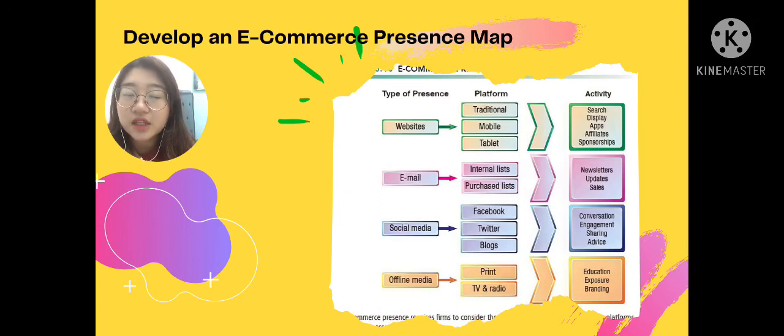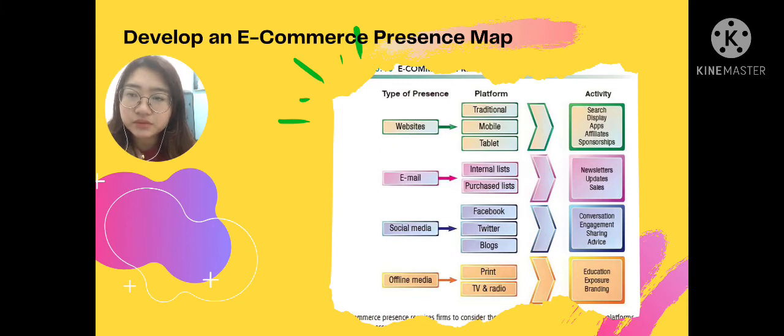Each of these is a touch point where you can meet the customer, and you have to think about how you develop a presence in these different virtual places. So this table, Figure 10.10, provides a roadmap to the platforms and related activities you will need to think about when developing your e-commerce presence.